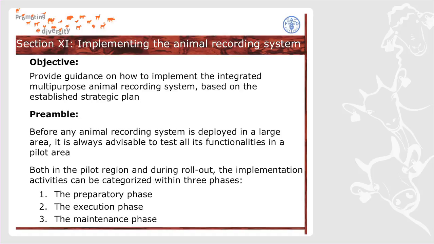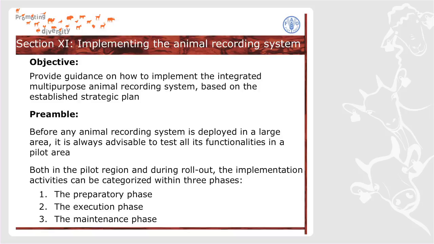The main idea that I would like to communicate here is that before any animal recording system is deployed in a large area, it's always advisable to test all its functionalities in a pilot area. This is really what everybody should do in order to avoid potential problems later on.